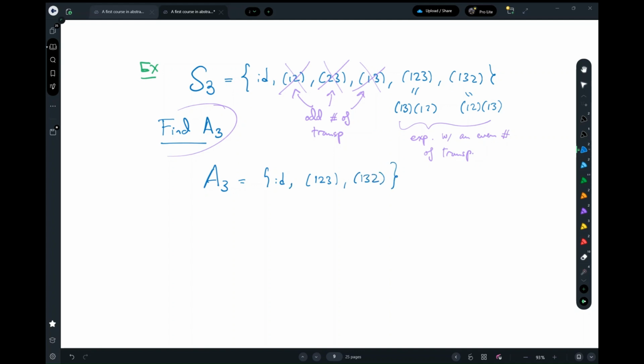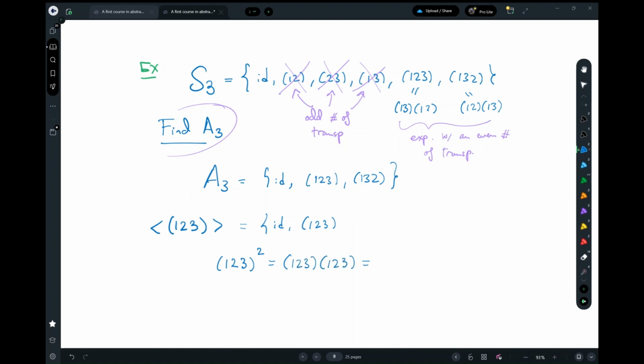That's great. Let's see that this is a subgroup, is it? Well, what is the subgroup generated by (1 2 3)? The subgroup generated by (1 2 3) would include the identity. It would include (1 2 3), and it would include things like (1 2 3) squared, which is (1 2 3)(1 2 3).